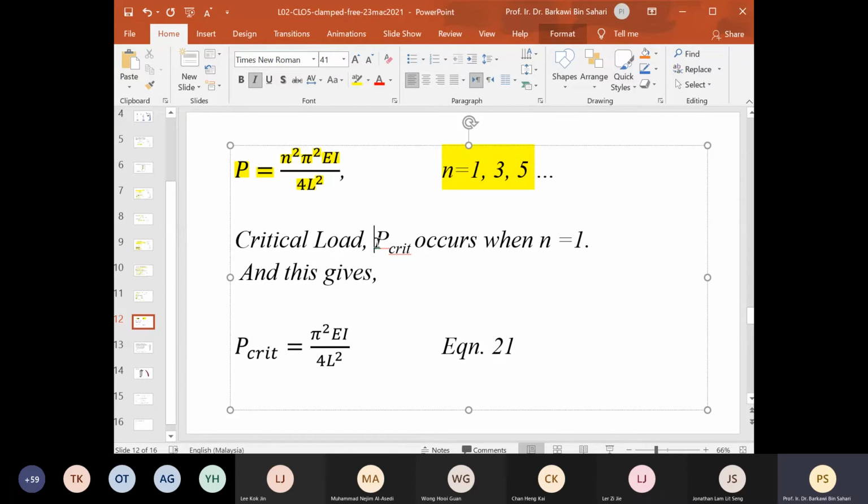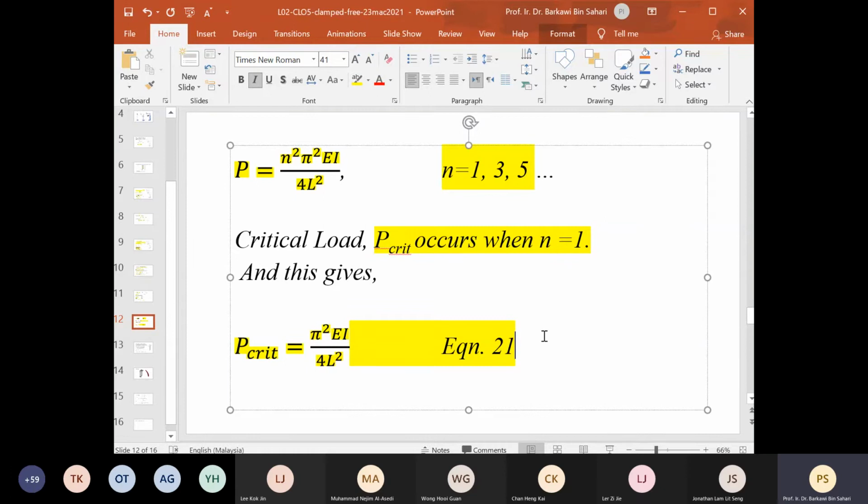The critical load occurs when n equal to 1, and if we put n equal to 1, we get P critical equal to pi squared EI over 4L squared. So we have established this particular relationship, at least the aim of this particular lecture.